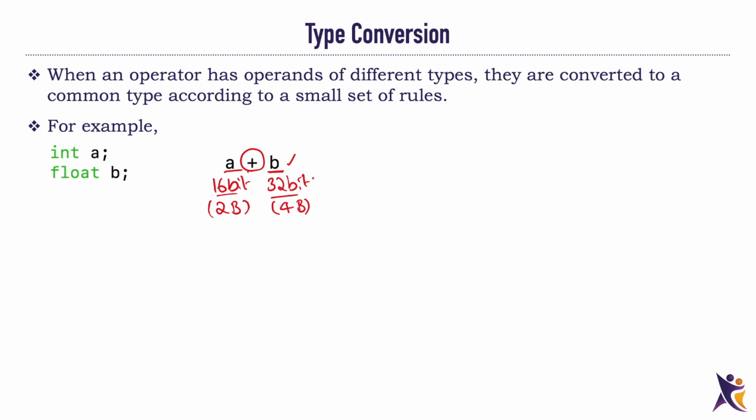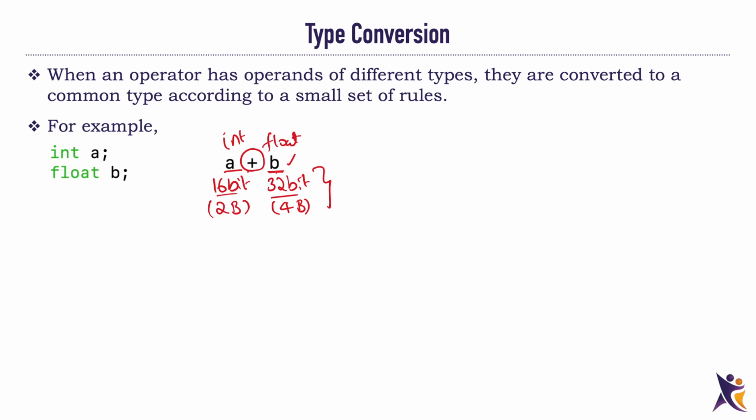The sizes of these data types can be different on other machines. So to demonstrate this example, I am just considering int as 16 bit and float as 32 bit. Now clearly A and B are of different types, where A is of integer type and B is of floating point.